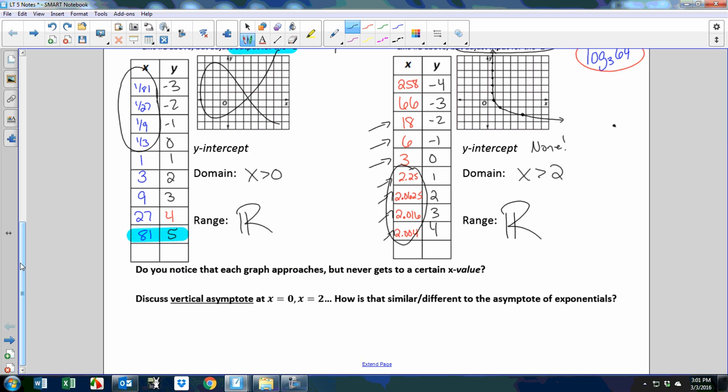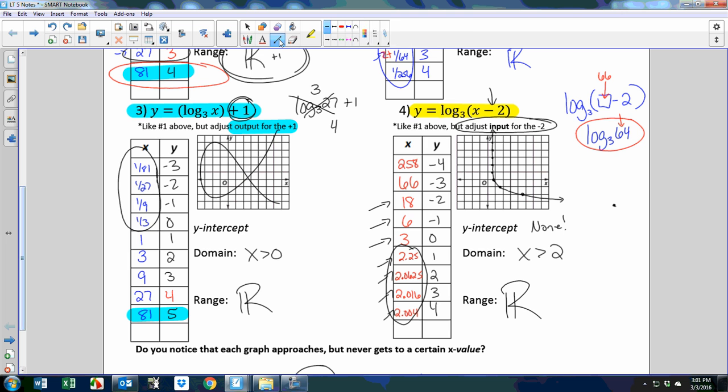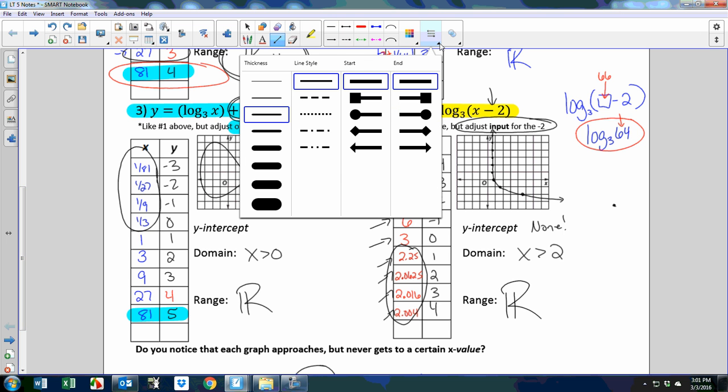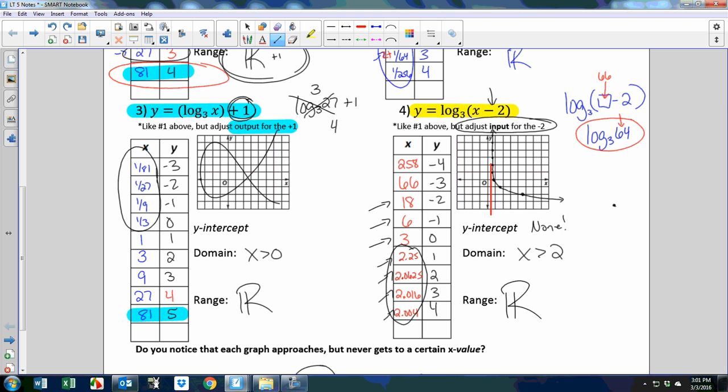Again, this last part, like video 3, is a little bit more for your pre-calc and calculus bound students. These are illustrating vertical asymptotes, like x equals 2. In the last one, the one we just finished, if you drew a vertical line at x equals 2, I'll do the best I can to draw that. X equals 2. That's not bad. I'll take that. All of your points are getting closer and closer to x equals 2 as you move up on that picture, as you move left.